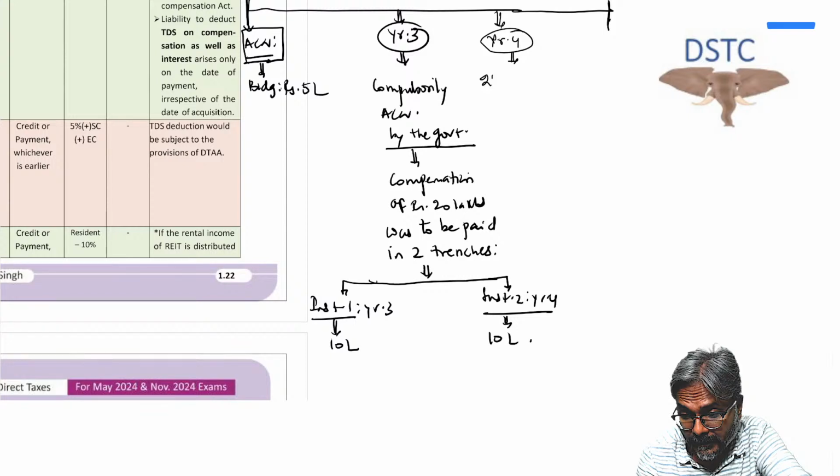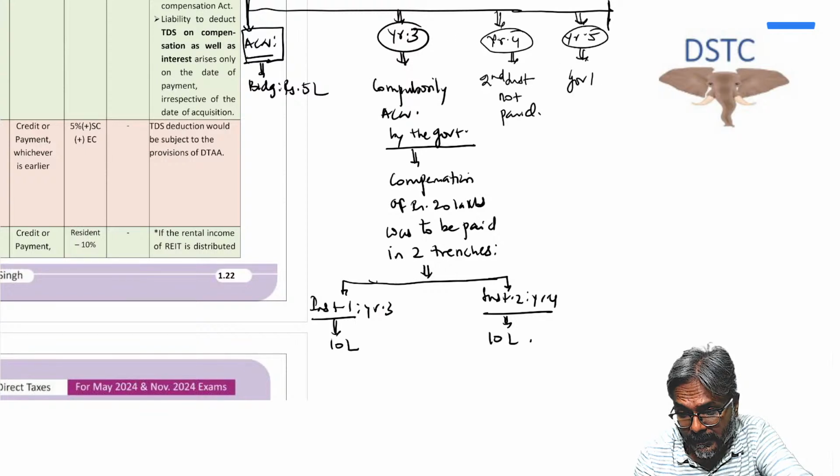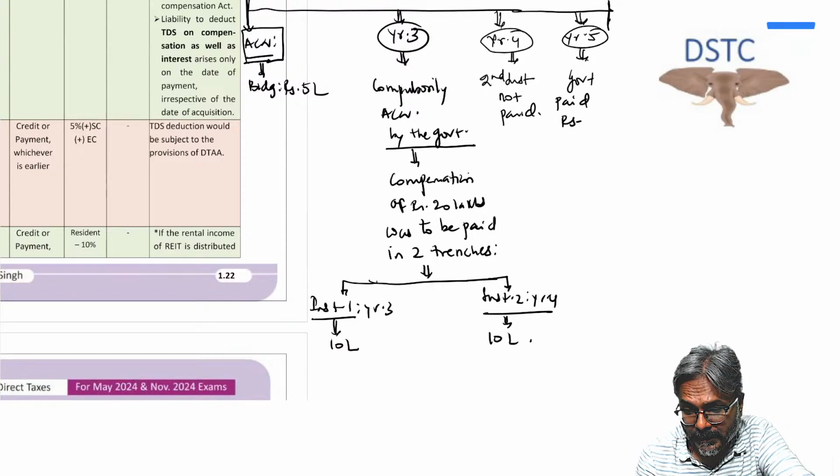But in year 5, the government paid rupees 11 lakhs, including the interest.